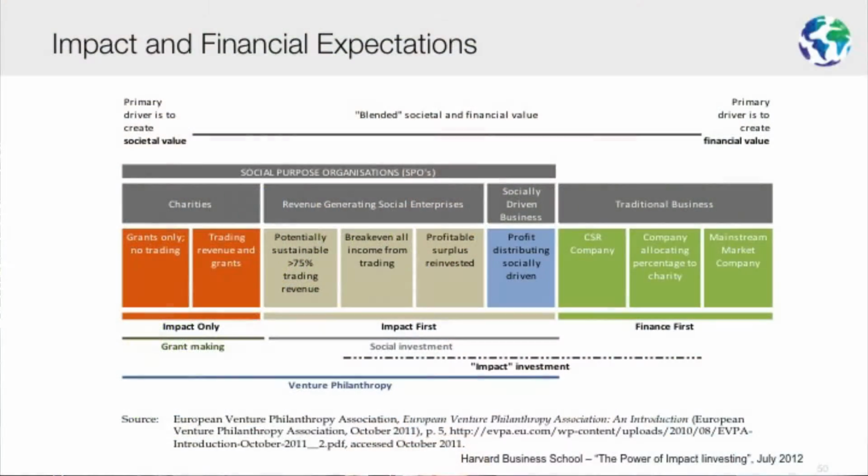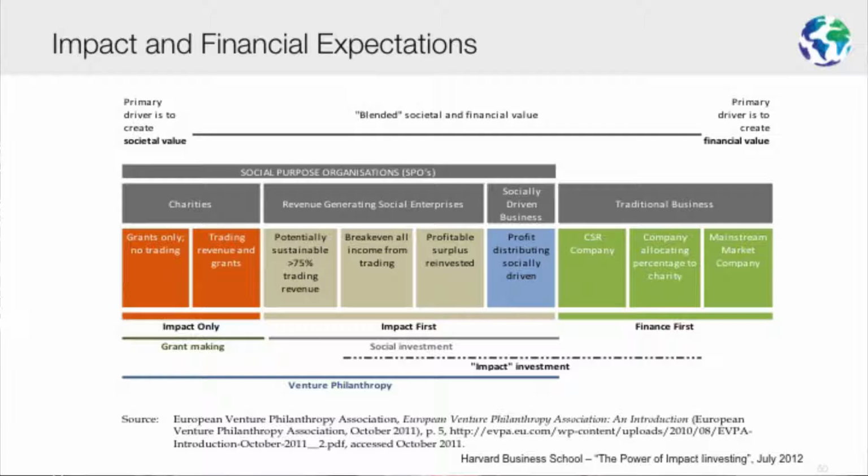Okay, so it probably is useful to present this first slide, which is the spectrum slide you saw in module 2. That talks about the fact that there are different kinds of money and different types of expectation depending on the type of social impact investor you're speaking to. So on the left-hand side of this graph, as you will remember, is more grant-making, program-related investments, moving into soft loans or what we would call concessionary investments.